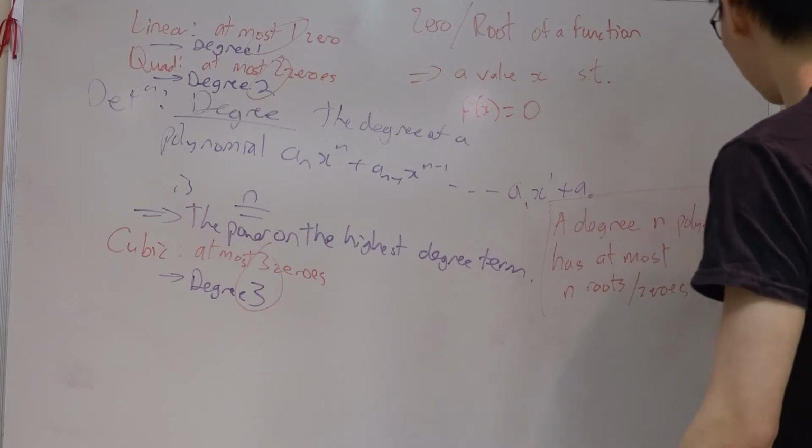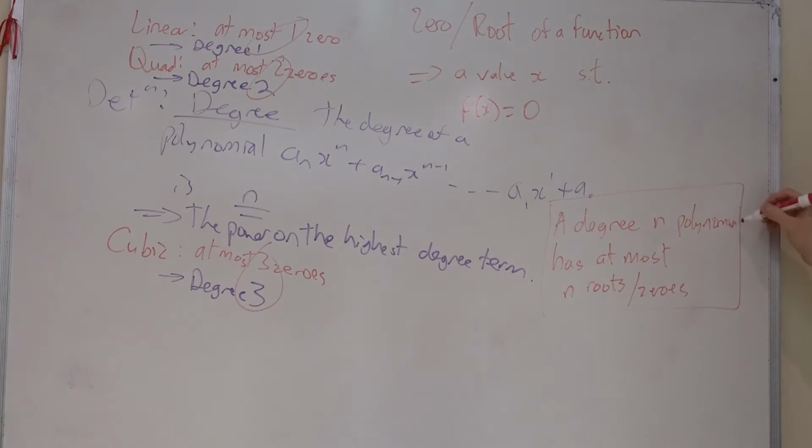I'm going to box this up because this is a fundamental, really important fact that we are going to carry through with us throughout the entire semester. This should be so ingrained into your head that you don't even have to write it down anymore at the end of the term. For now you should write it down, but you should be comfortable with the idea that a degree n polynomial has at most n roots and zeros.